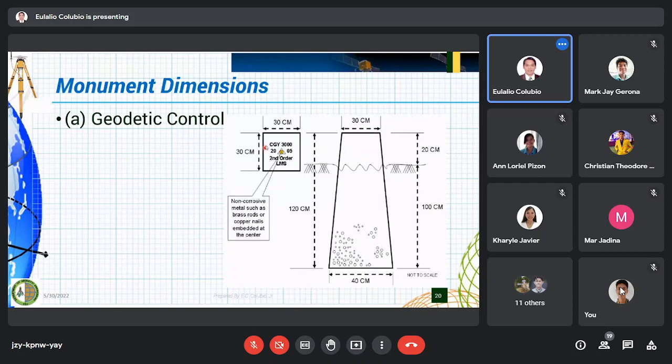So there are 4 pieces of information here. You can see 4 or 5. CGY stands for Guyane. 3,000. These are the control points established by Namria.